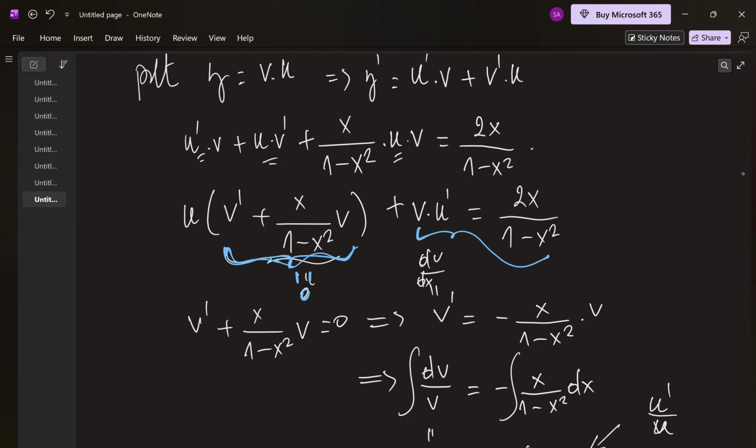We need v to, when you substitute v, get this part equal to 0. When we solve for v, we have many functions that depend on a constant k. We need only one solution. The easiest one is to take k equals 1, to simplify calculations. Any value of k will work here. Does that answer the question?